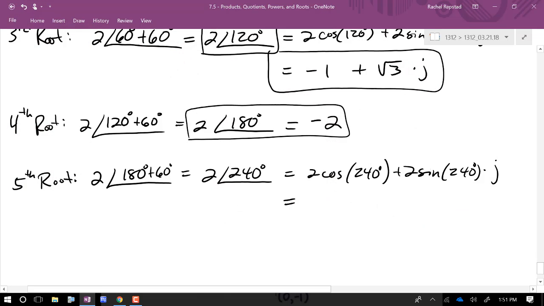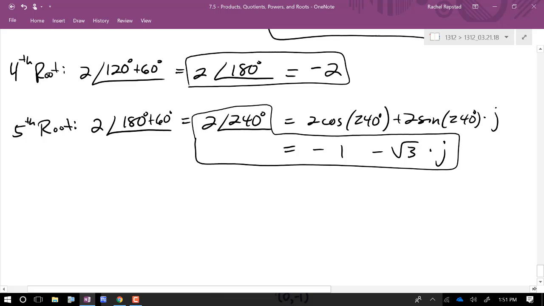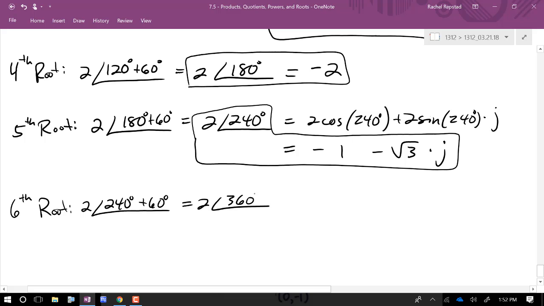So we have negative a half times 2 is negative 1, and this will be a minus root 3 times j. One more to go. Add 60 one more time. Oh, whoops, 300.